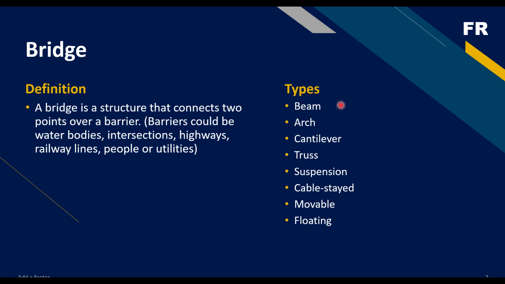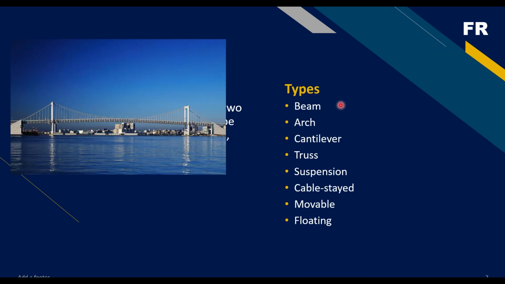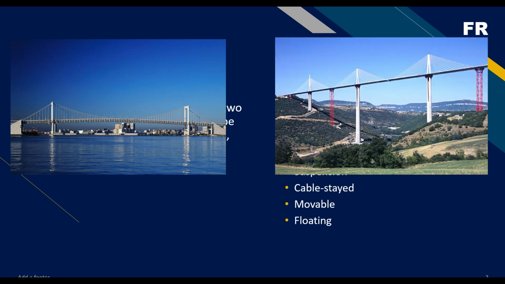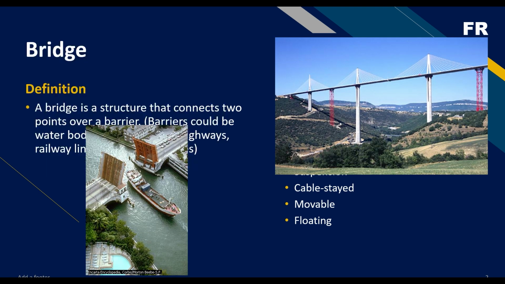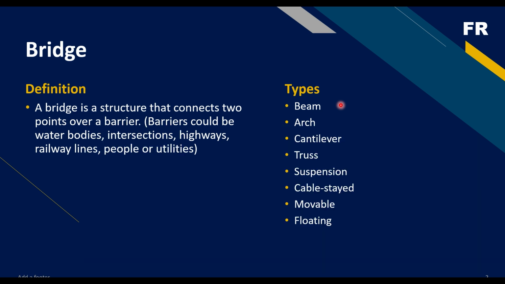We can have beam bridge, arch bridge, cantilever bridge, truss bridge, suspension bridge, cable-stayed bridge, movable bridge, and floating bridge. You can also classify bridges based on material, whether made of timber, reinforced concrete, pre-stressed concrete, or steel. But what is actually important is the structural component. So these are the various types of bridges that we have in engineering.